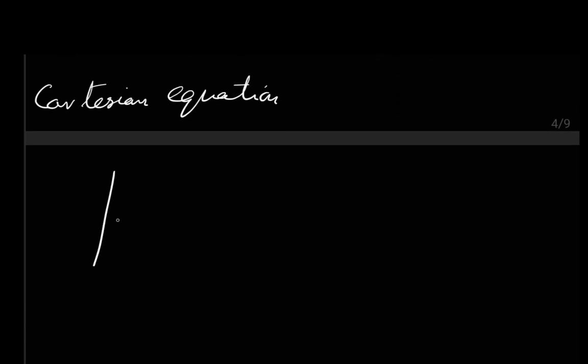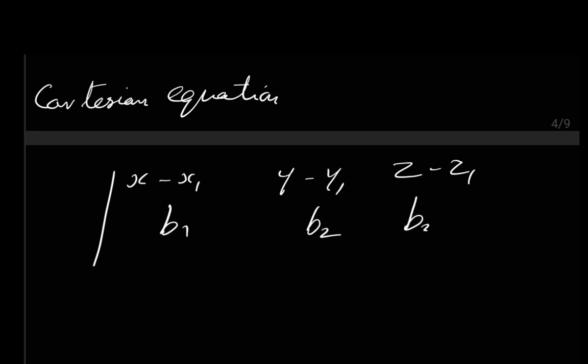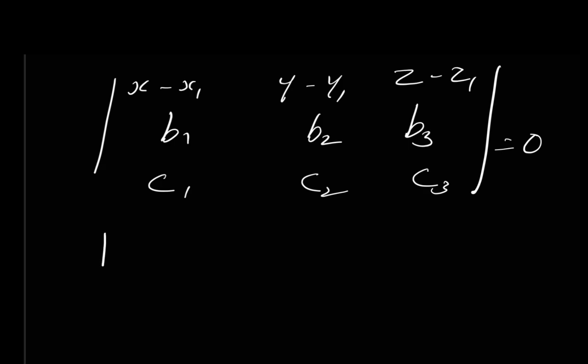So, x minus x1, y minus y1, z minus z1, b1, b2, b3, c1, c2, c3 is equal to 0. Substitute the values.